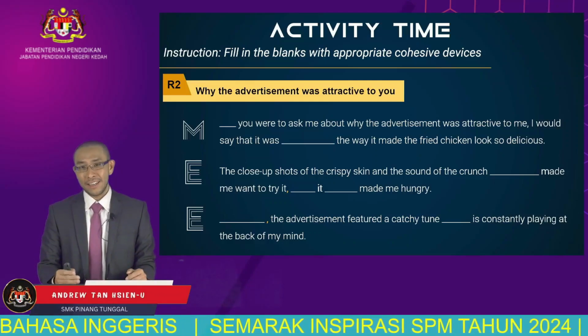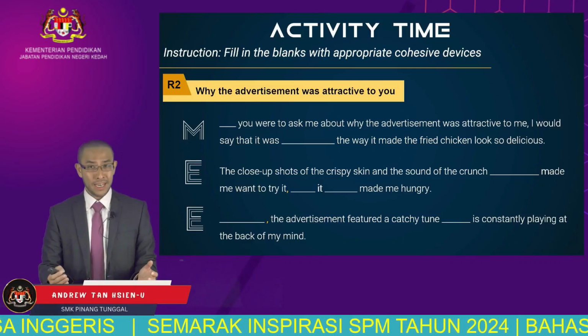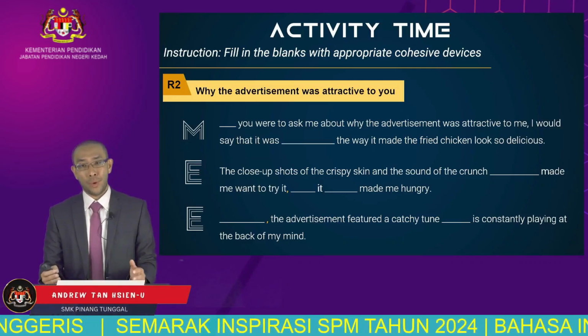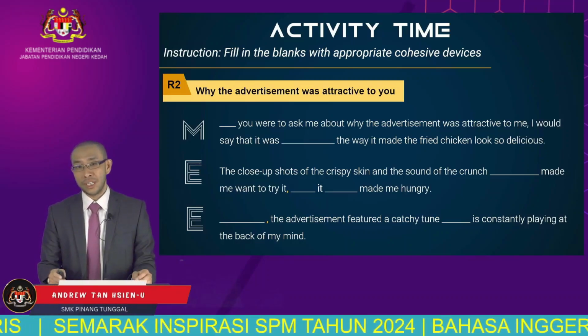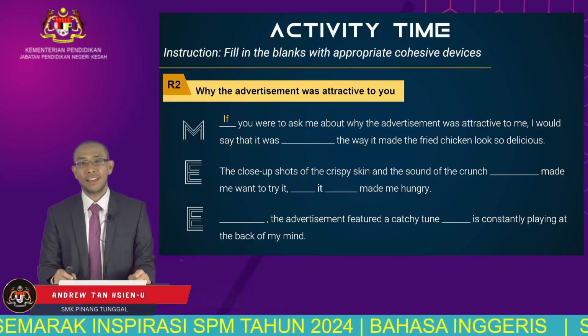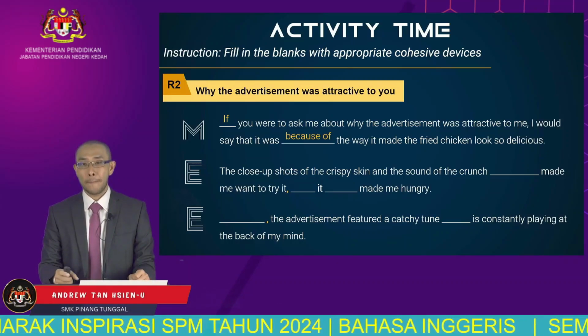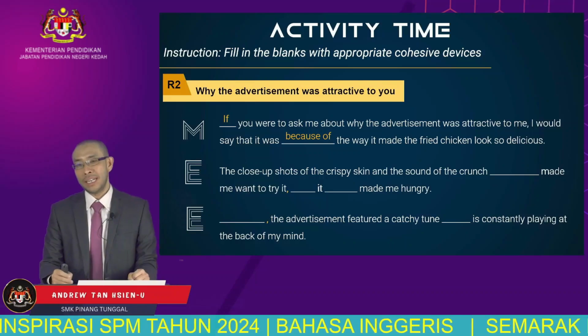So blank, if you were to ask me about why the advertisement was attractive to me, I would say that it was blank the way it made the fried chicken look so delicious. So the first one is used to show conditional. The answer is if. And the second one, because of. Next, let's go to the elaboration.